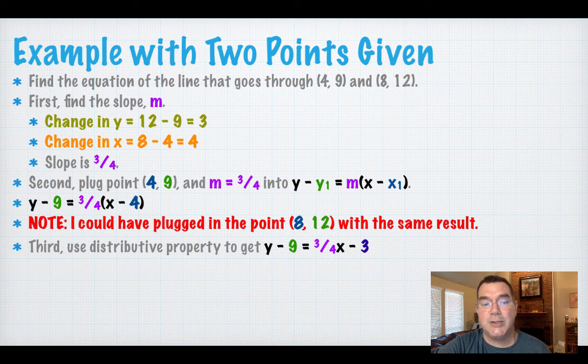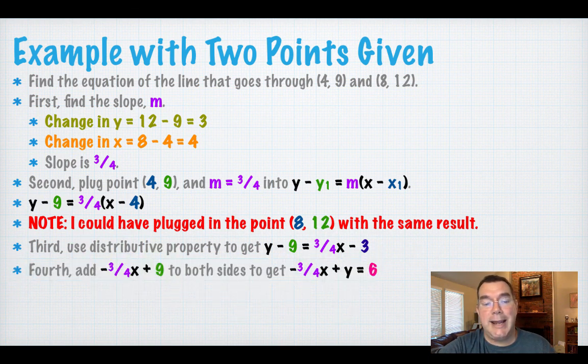Y minus 9 is still y minus 9, but the right-hand side becomes 3/4 x minus 3. Just like before, I've got x's on the wrong side, and a constant of minus 9 on the wrong side. So I adjust by adding negative 3/4 x plus 9 to both sides. That makes the left-hand side negative 3/4 x plus y, and the right-hand side 6.